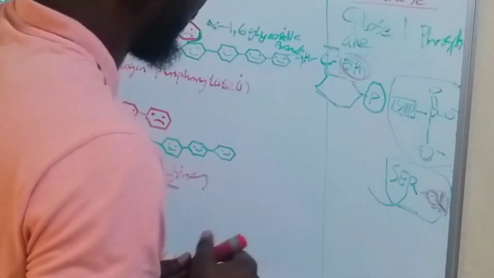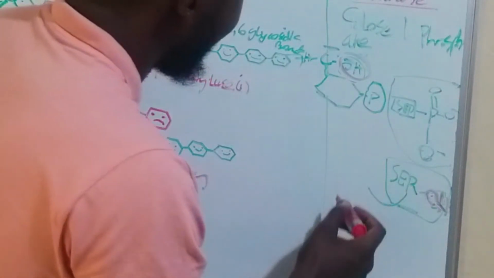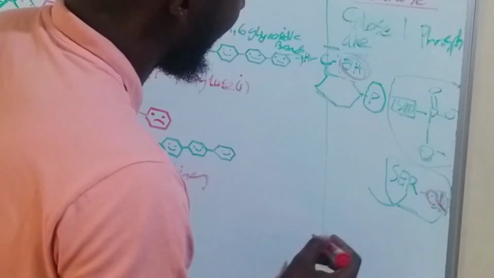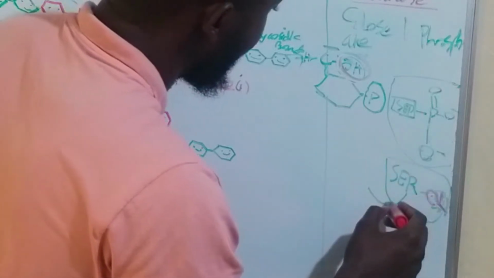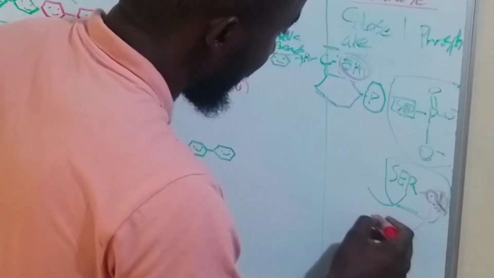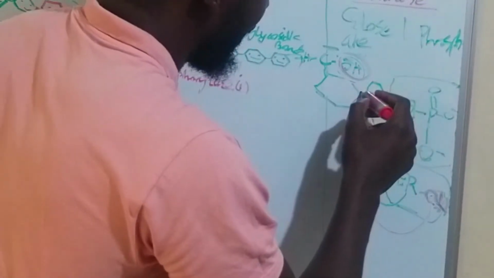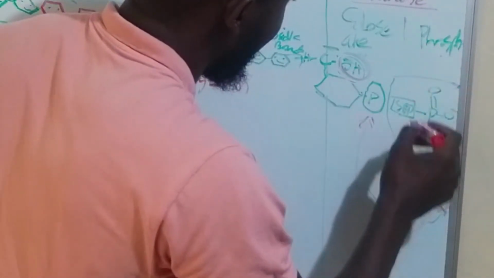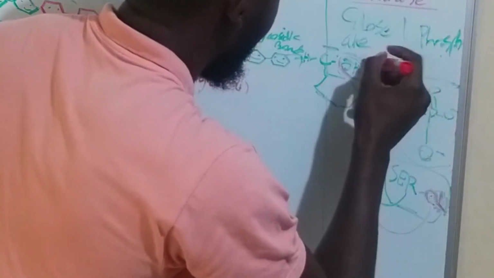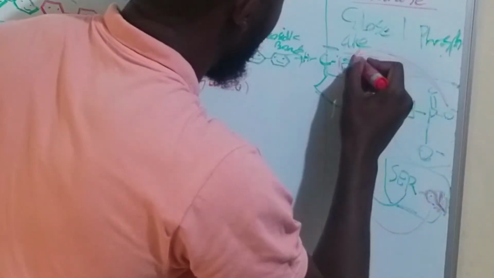But since this is a very selfish guy, instead of just leaving things as they are, he will come again and donate this OH here, and then this phosphate that it lost initially will come in here at carbon number 6.